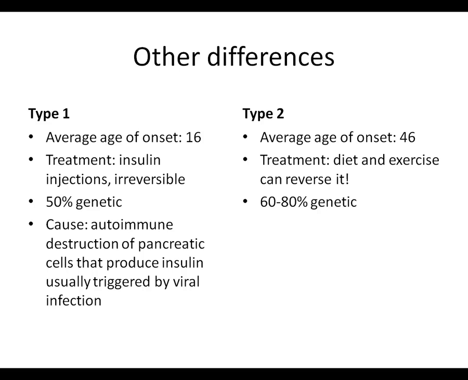In that process of educating the T cells, if you get an infection that looks like something on the surface of your pancreatic cells, then you train the immune system to recognize your pancreatic beta cells, the ones that secrete insulin, as foreign.